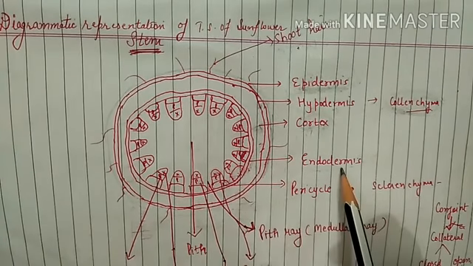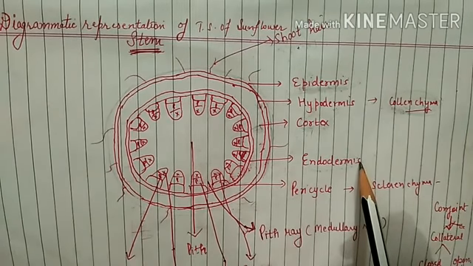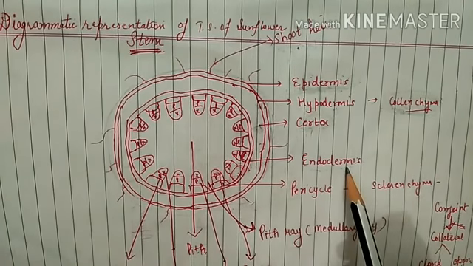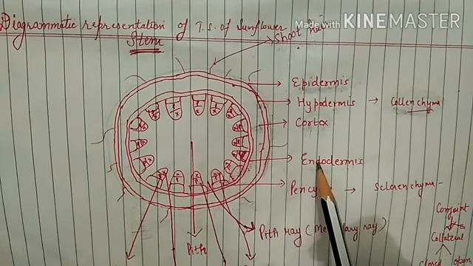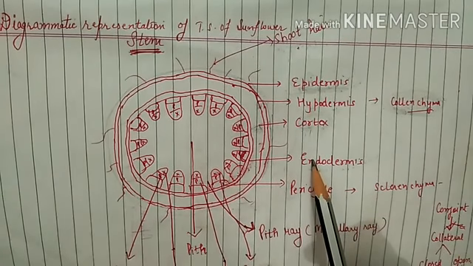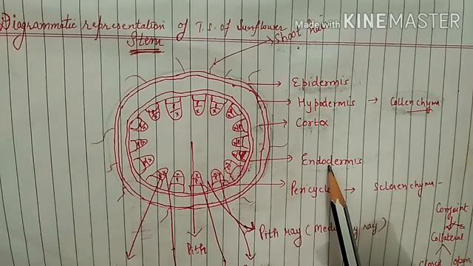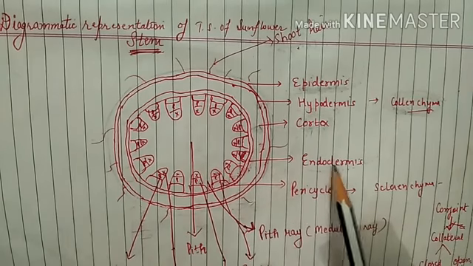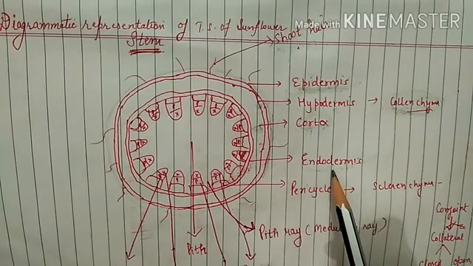But the major difference is that the cells in the endodermis store starch. So therefore this endodermis is known as starch sheath. But in root, if you remember, there were Casparian strips present, in which suberin was deposited. So this is again the major difference between stem and root.